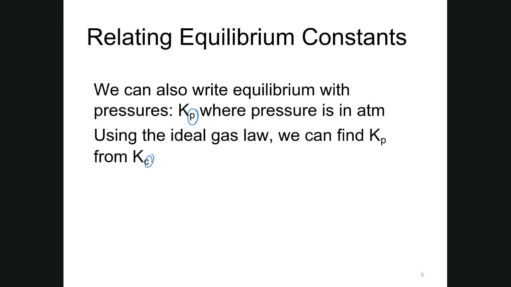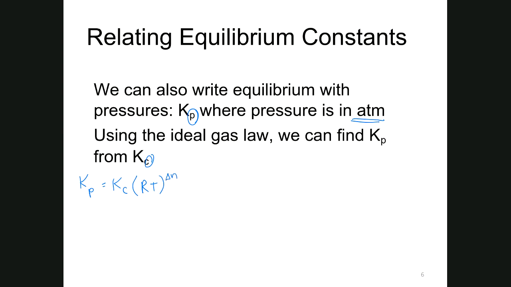We're going to use our pressure in atmospheres because we're going to be using the gas constant in our equation. So the equation is Kp equals Kc times RT raised to the delta N.